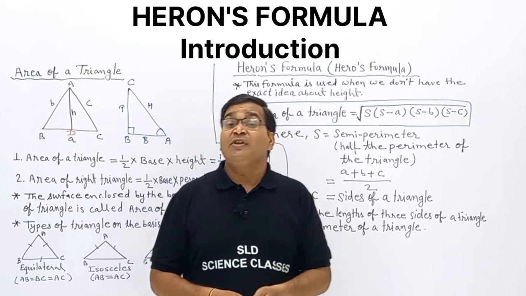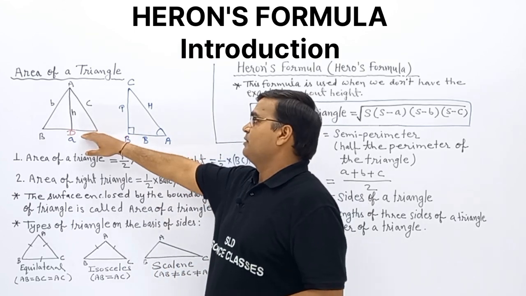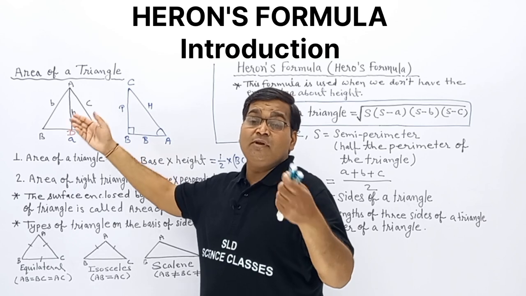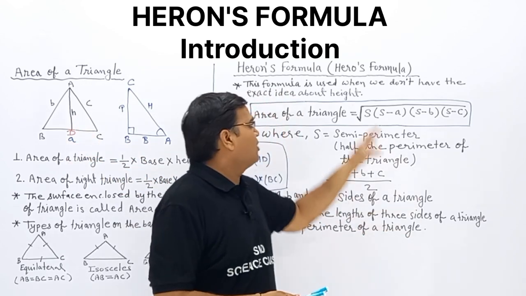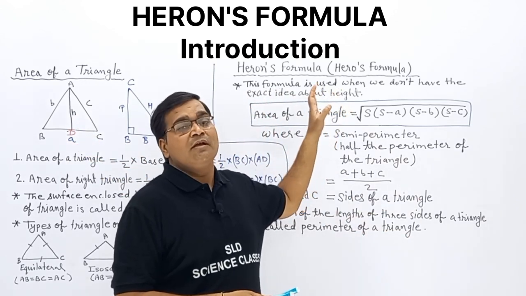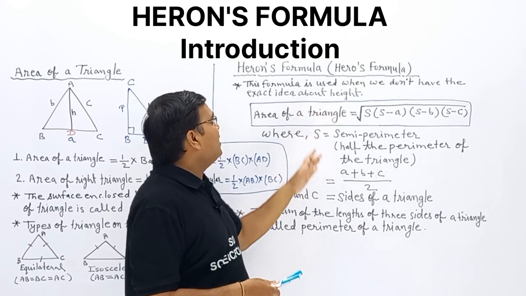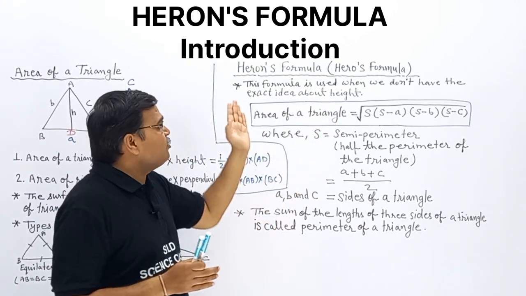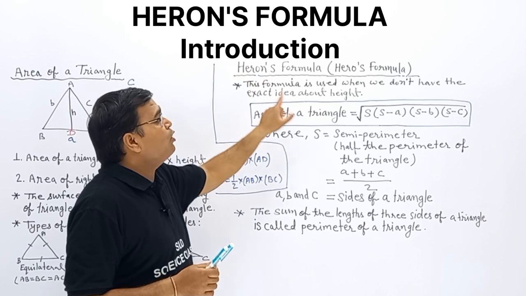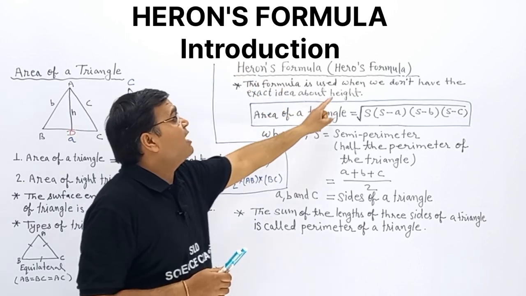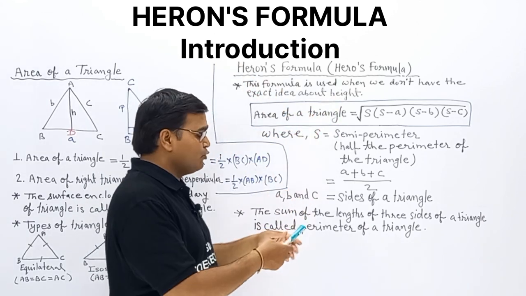But if we don't have the height, then what will we do? We will require this formula. And what is this formula? When we don't have the exact idea of a height, then we will use this one.